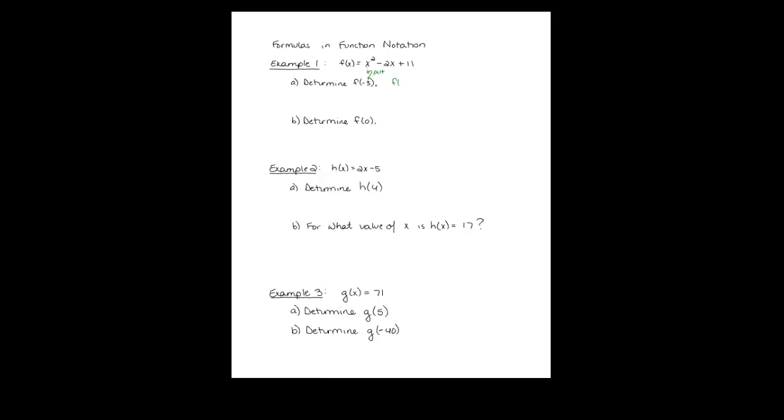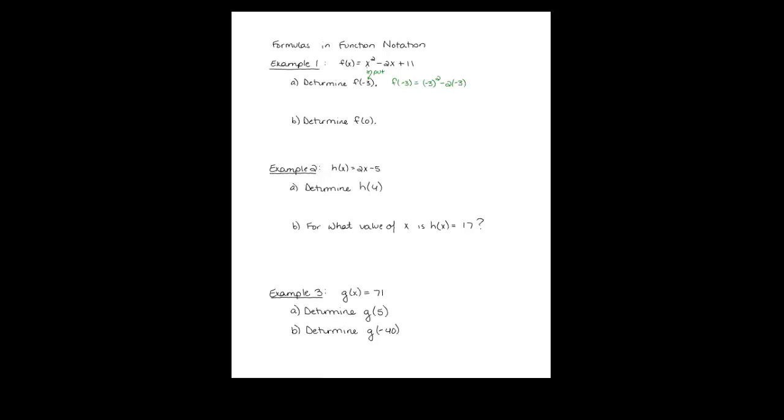So f of negative 3 equals, looking at our function, here we have x squared, so I'm going to replace x with negative 3 squared minus 2, just copying that down. Now we come to another x, replace that with negative 3.